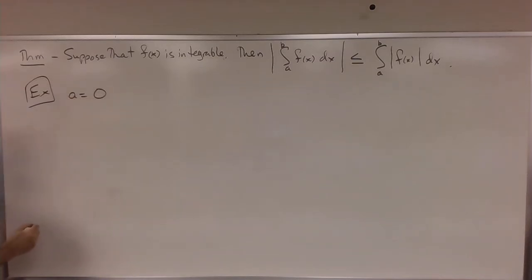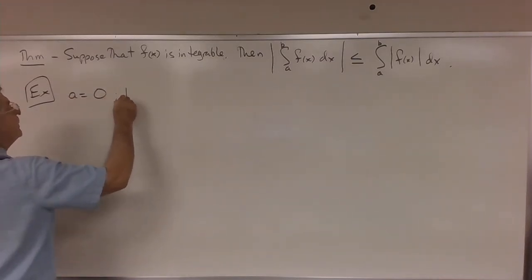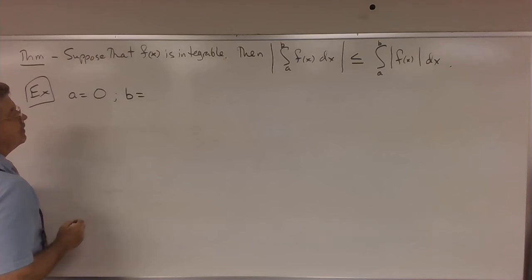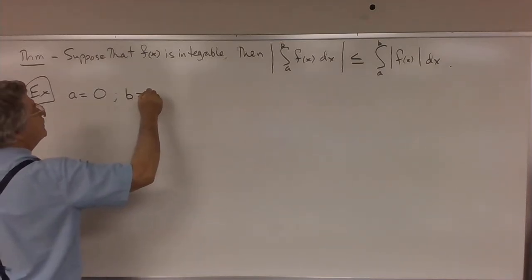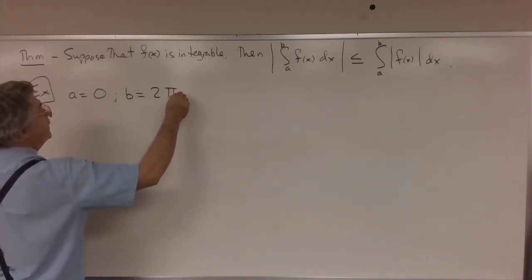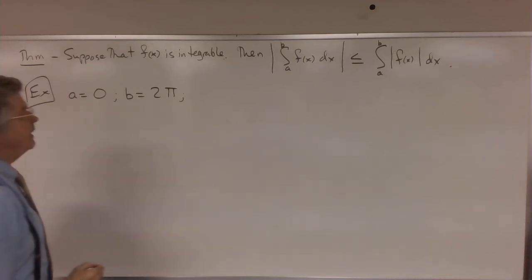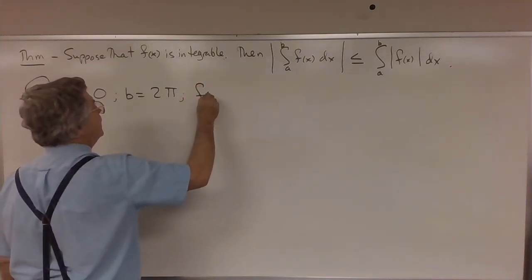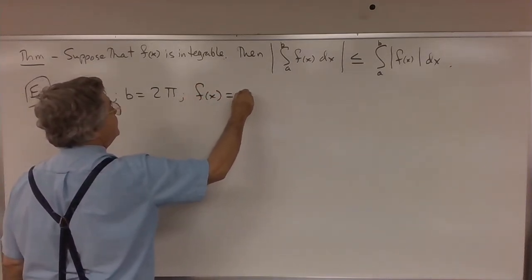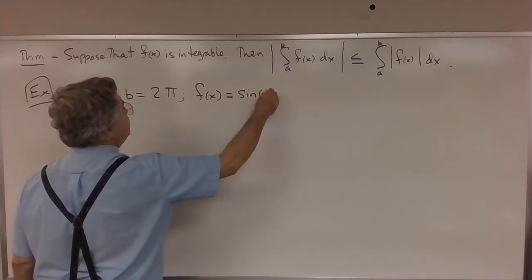A is 0, B is 2 pi, and f of x equals sine of x.